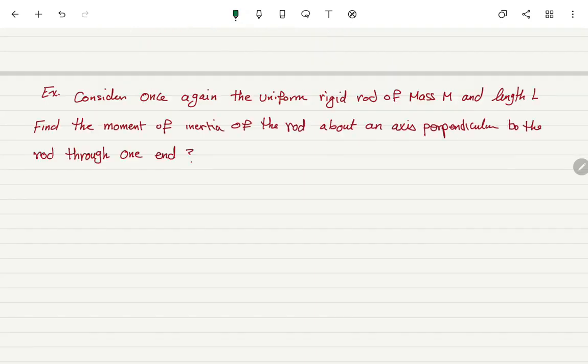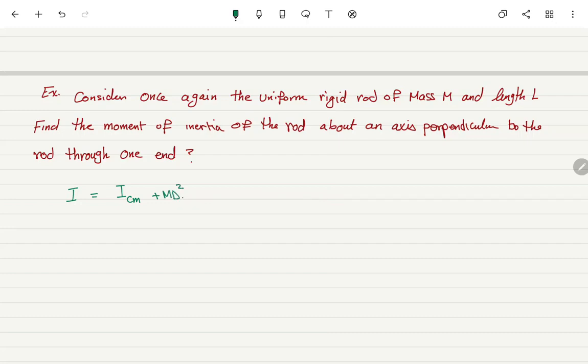Consider once again the uniform rigid rod of mass m and length L. Find the moment of inertia of the rod about an axis perpendicular to the rod through one end. To find this, we have to use this rule here: the moment of inertia is equal to the moment of inertia about the center of mass plus md square.